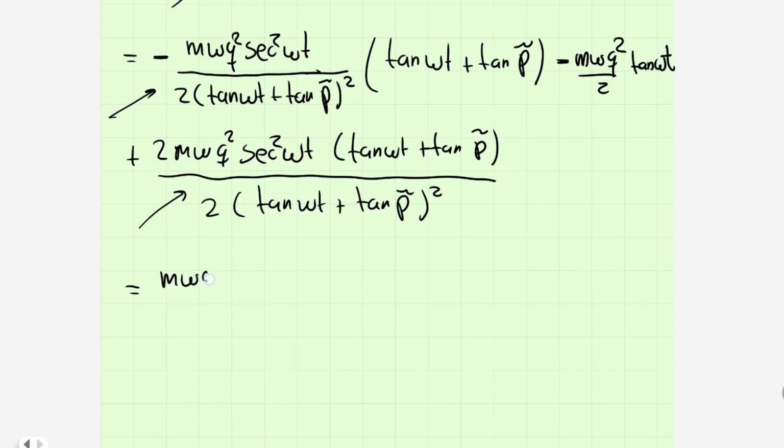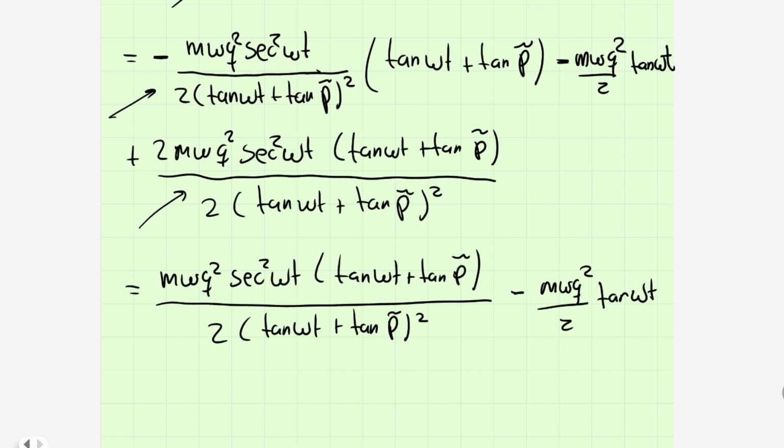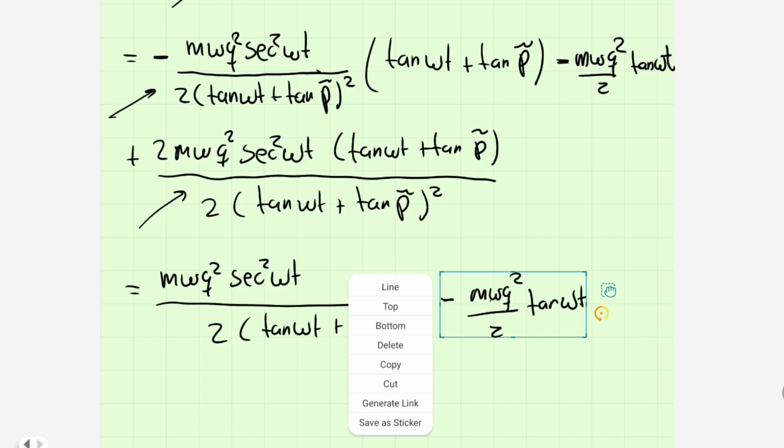just m omega q squared secant squared omega t tangent omega t plus tangent p tilde divided by 2 tangent omega t plus tangent p tilde squared minus m omega squared divided by 2 tangent omega t. And of course you can see that here we can cancel this element with this squared, so we can rewrite this as this expression.